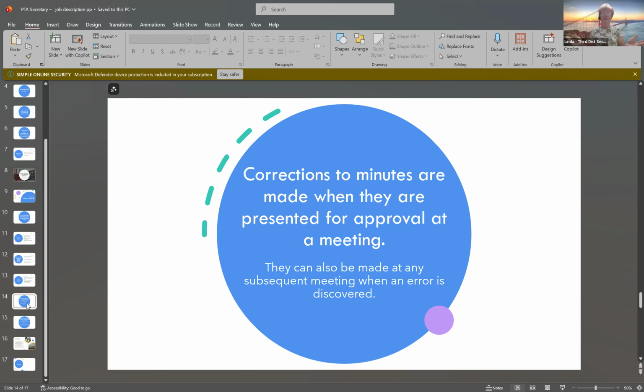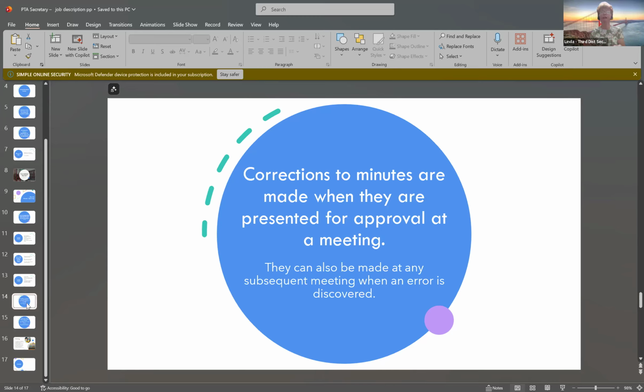If you're with maybe your executive board and you're looking at some previous minutes to check over some notes and to see if something was paid, and an error or discrepancy is caught, you can then present that to a subsequent meeting and make sure those are corrected.